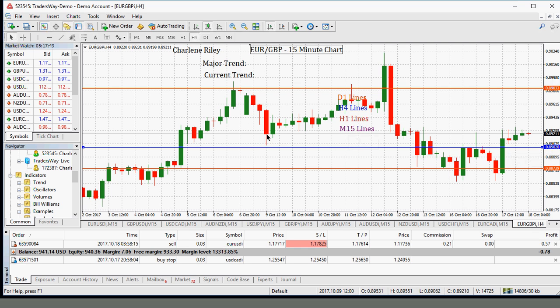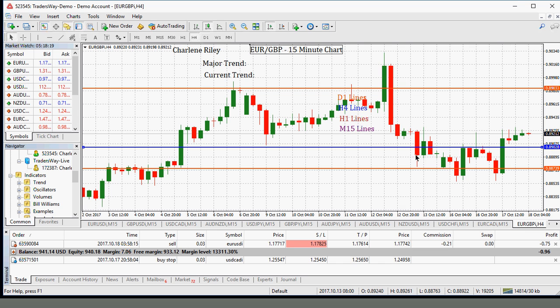Now, you can always tell where support and resistance lines will go because you can see where the market is hitting and not going through. And the more times it hits that same line, or a line where you have a reversal, going up and then coming back down, down, down.